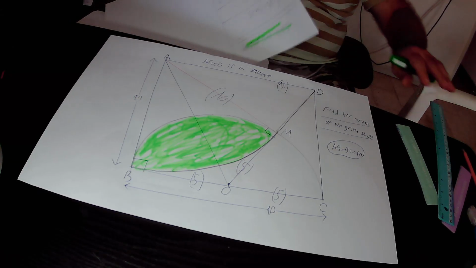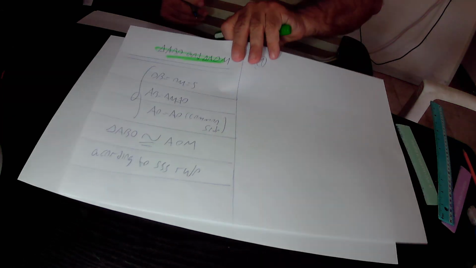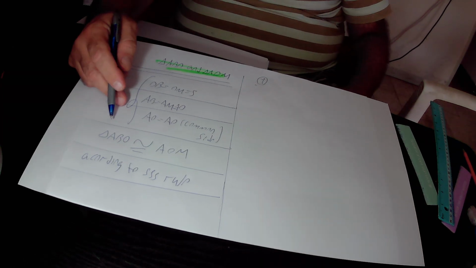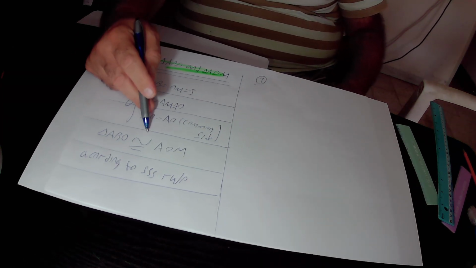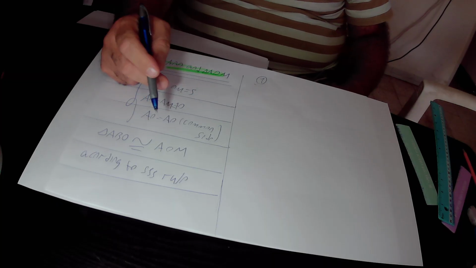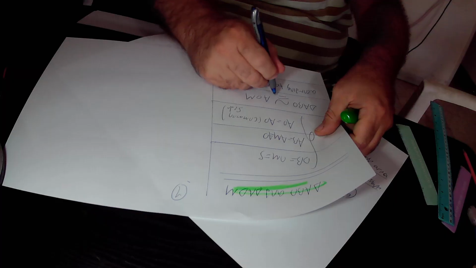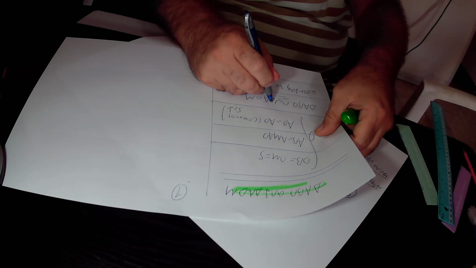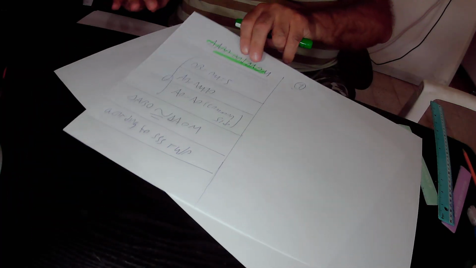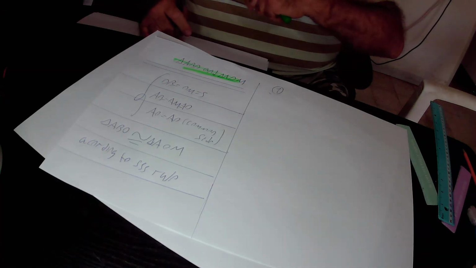Let's remember that the right triangle ABO is congruent, this is the sign of congruent, to the right triangle AOM, according to side rule.